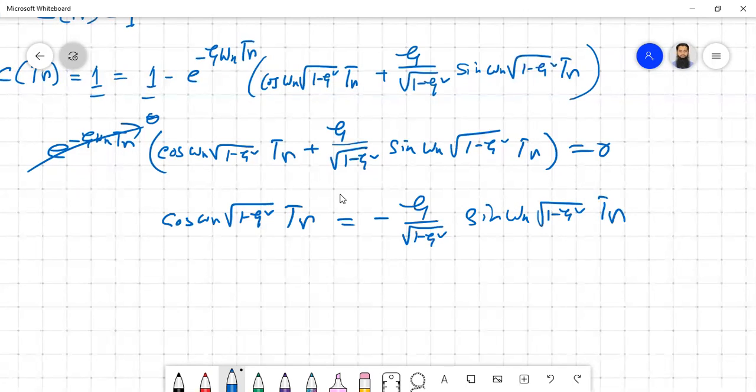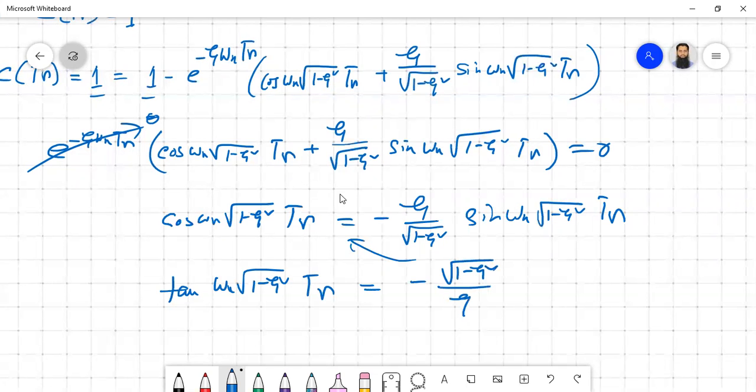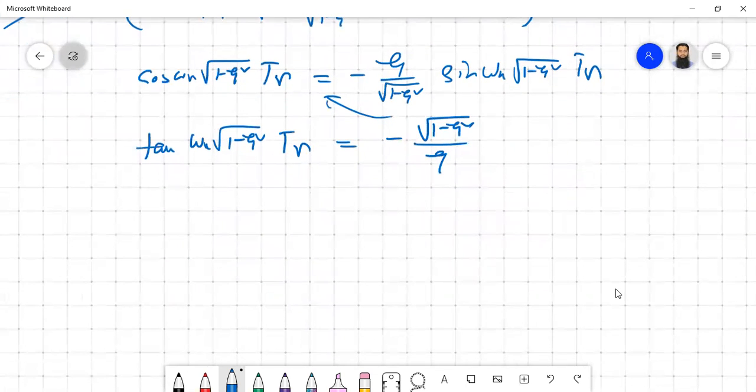We can divide sine by cos and take this to the other side. What we are left with is tan of omega n root over 1 minus zeta square tr, equal to minus root over 1 minus zeta square by zeta. Okay, so now this is what we have.